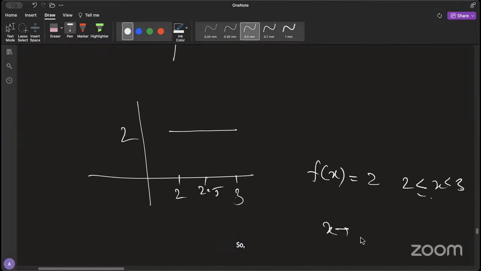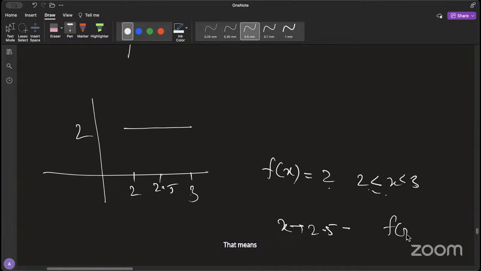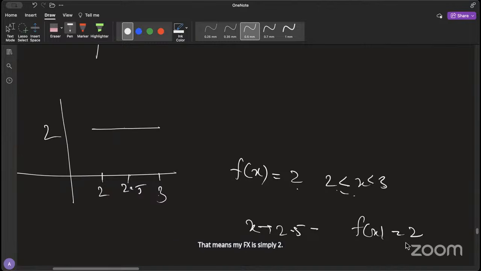So when my x goes to 2.5 from the negative side, my function's value remains 2 because it's constant from 2 to 3. If I'm here, f(x) is 2. Here, f(x) is again 2, 2, 2, 2. So at all these points, it remains 2.